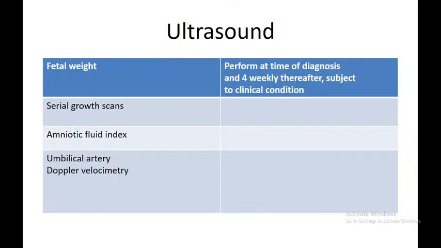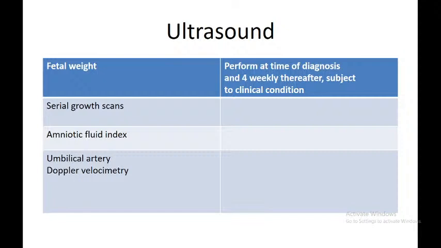And coming to the fetus, to know the well-being of the fetus, we need to always do an ultrasound. One is to know the estimated fetal weight, and we need to consider doing serial growth scans to know the size and the growth of the fetus at regular intervals.